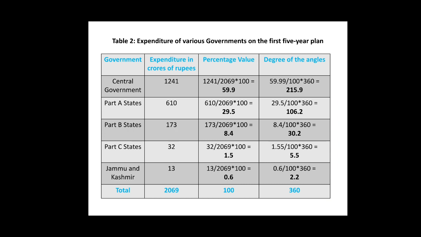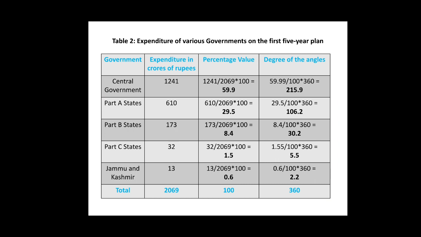After getting the percentage values, we have to determine what percentage of 360 degrees represents each category of data, and for that very purpose we will use the formula as shown in the previous slide, which is angle of sector is equal to percentage value divided by 100 into 360.